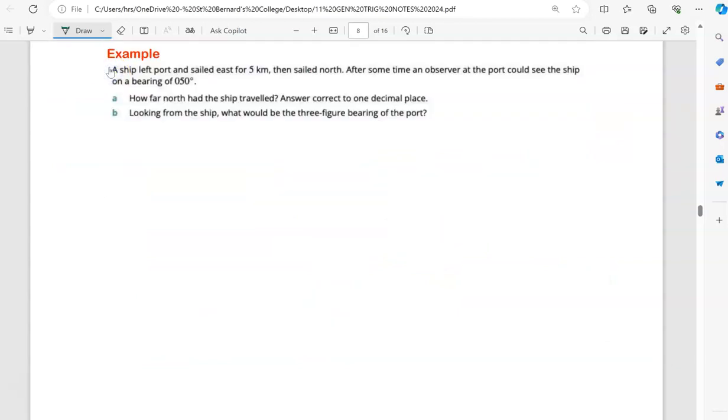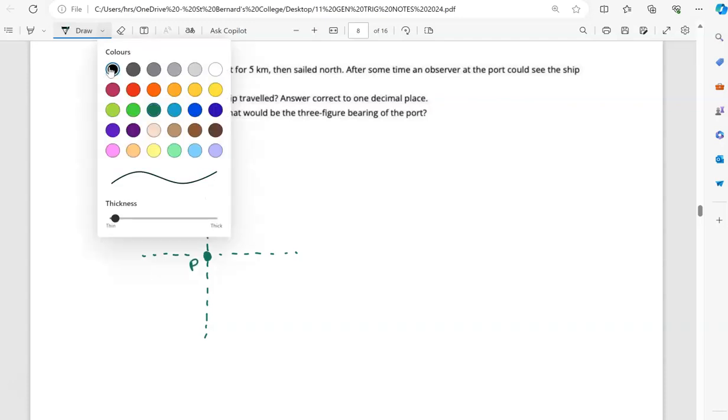So it says a ship left port and sailed east for 5 kilometers. What you want to do, don't start too close up. Give yourself a fair bit of paper. So I'm going to start here. It left a port, so I start with my little compass, and I'm calling this port.